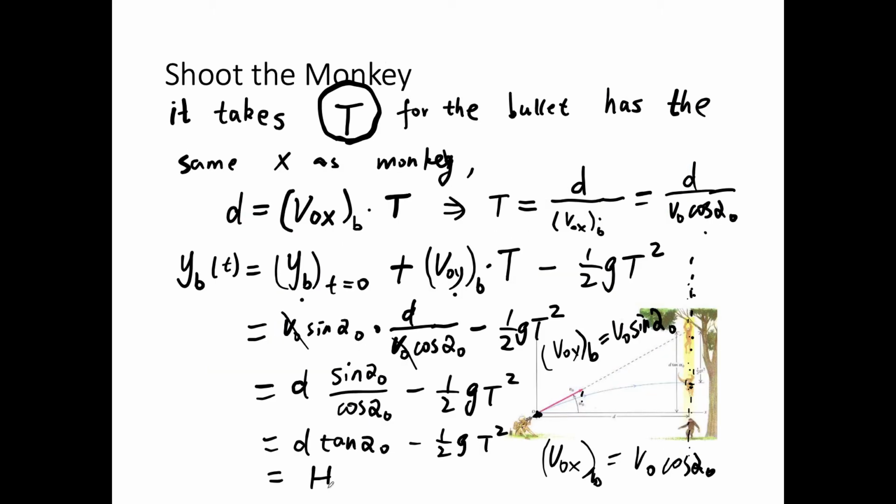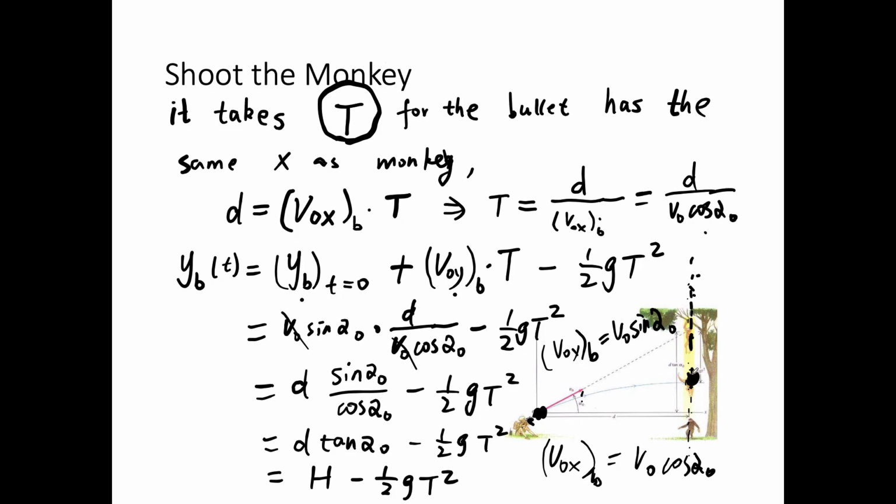So it's h subtract 1/2 g t squared. So it takes time, capital T, for the bullet to travel from here to the unknown point, and we already found the y coordinate of the bullet.